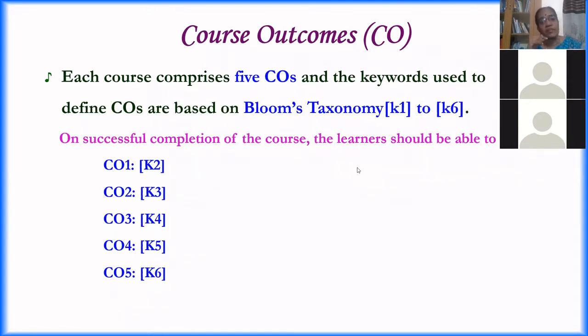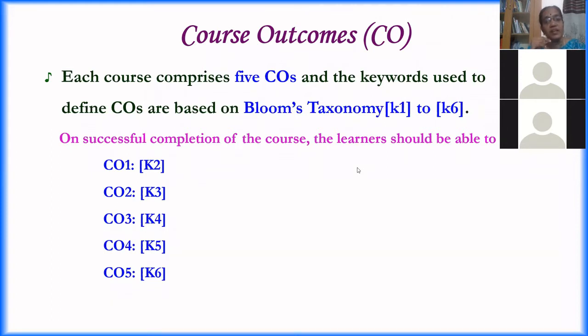On successful completion of the course, the learner should be able to: CO1 may be written with K2 level, CO2 may address K3 level, CO3 K4 level, CO4 K5 level, and CO5 K6 level.